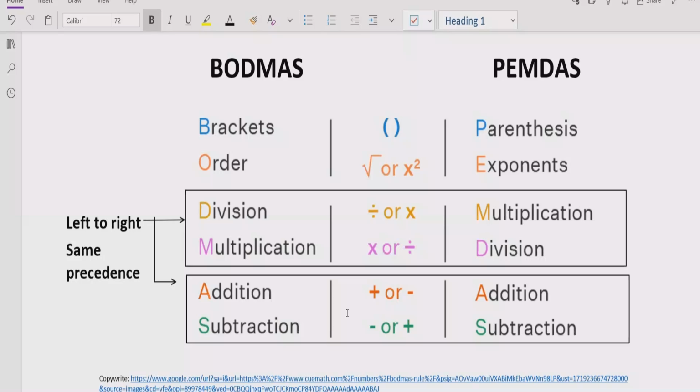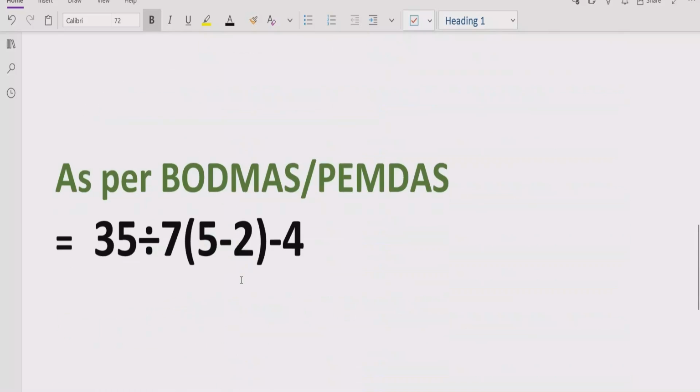After that, you have to solve the division and multiplication. You go through your expression left to right and find division and multiplication first. If division comes first, you solve the division first, and if multiplication comes first, you solve the multiplication first. Similarly, for addition and subtraction, we have the same rule. We solve addition first if it comes first, and subtraction first if it comes first. So now let's move towards solving the given expression.